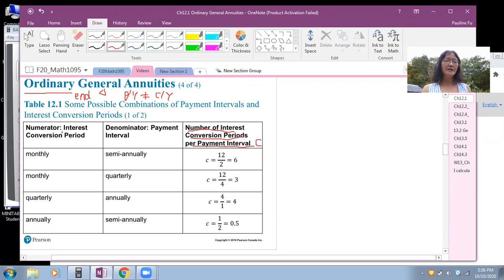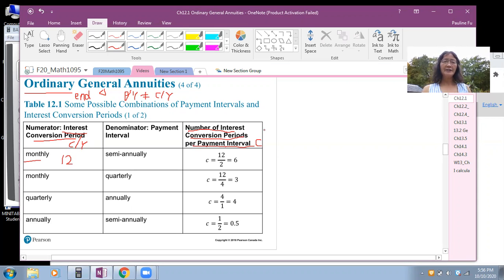If the interest conversion period is monthly, that is CY. If interest is compounded monthly, CY equals 12.